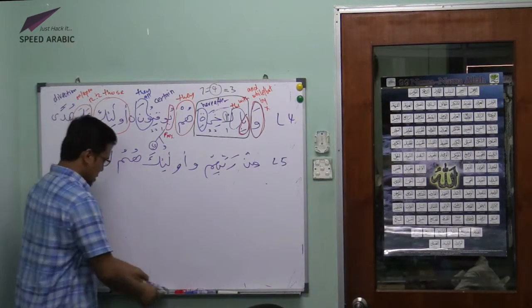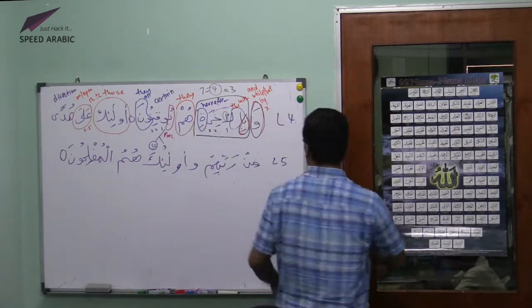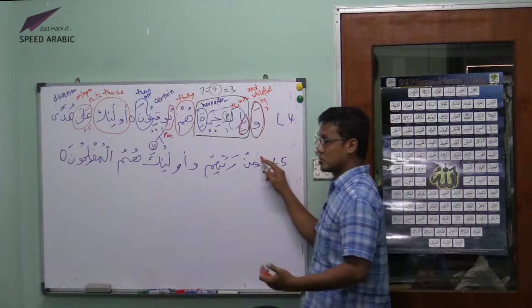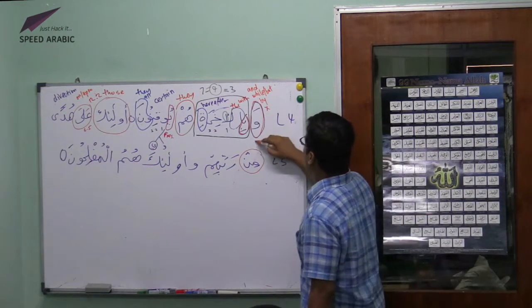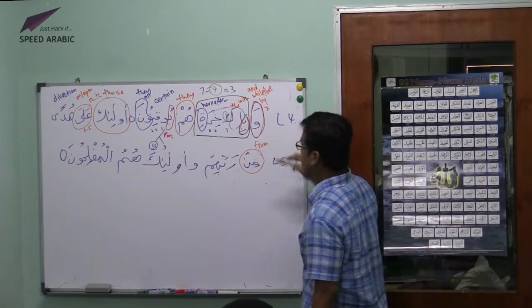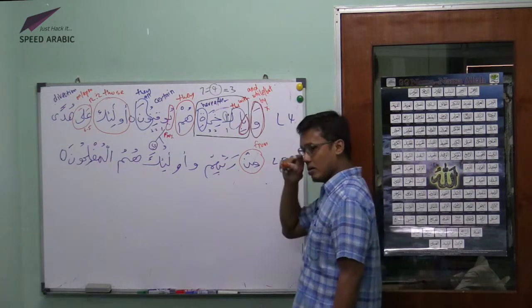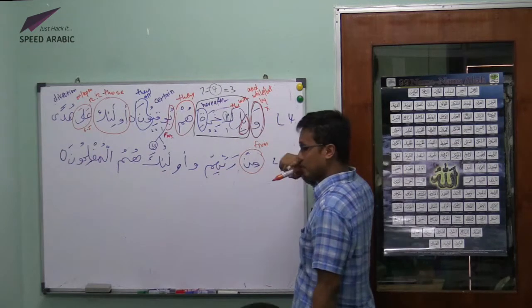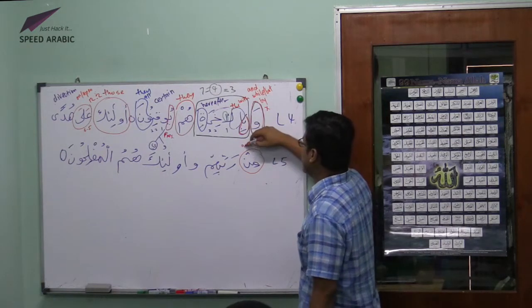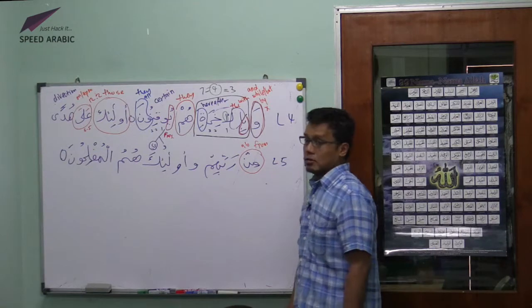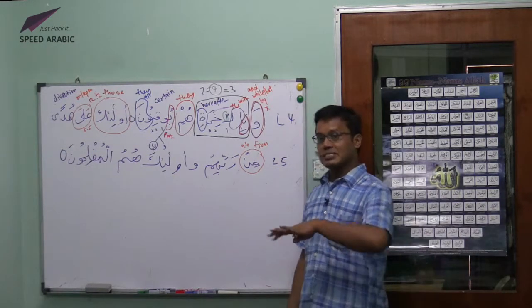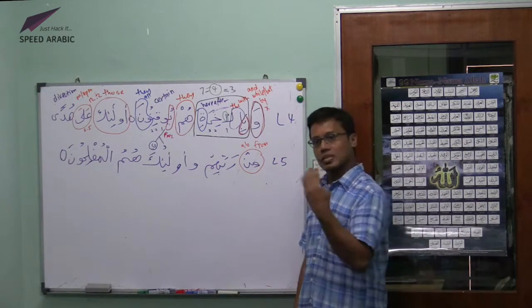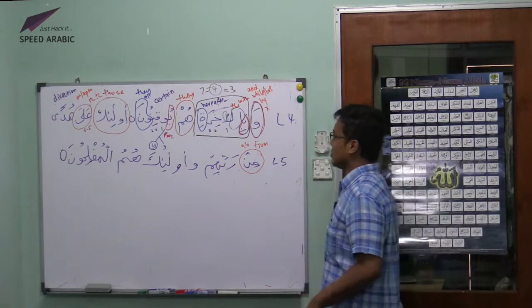Okay. Min. From. So yellow. From. What's the number? 6. Okay. I'm referring to the numbers just for the first few weeks, so that we will be familiar with the table.